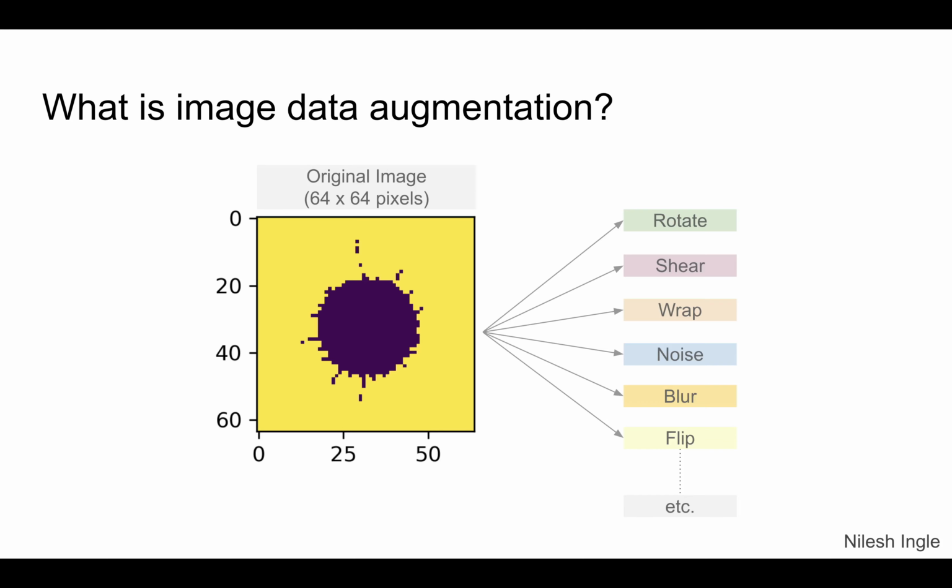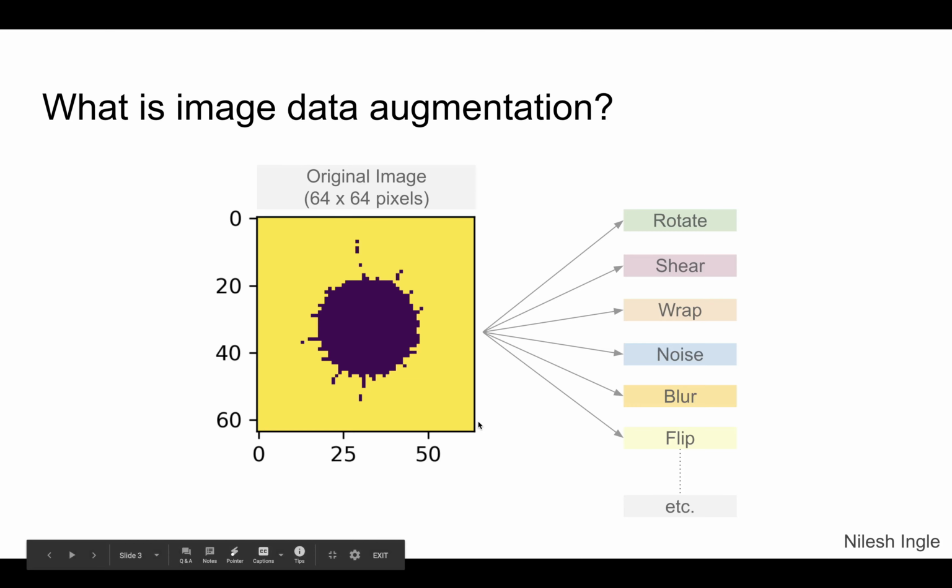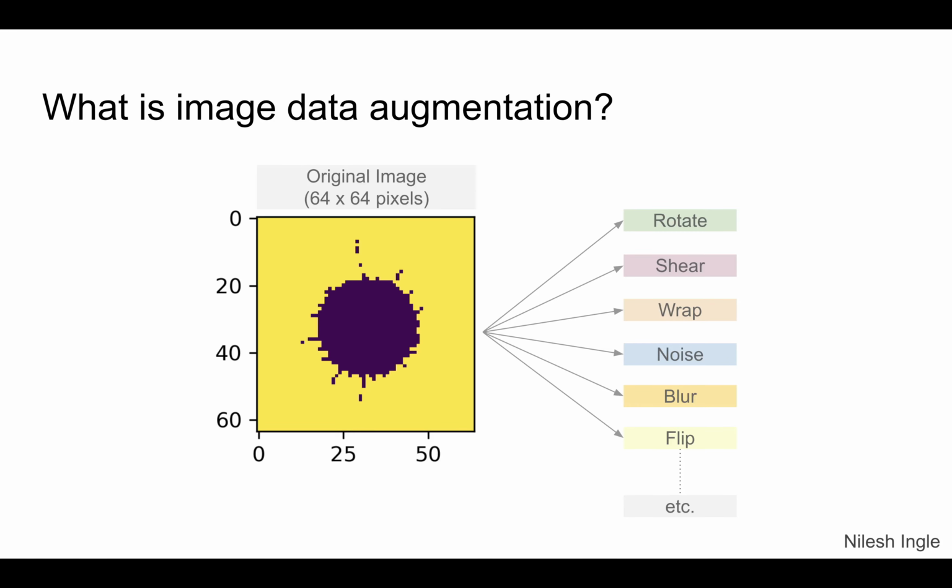To create, let's say, 1,000 images, one method is image augmentation. With image augmentation, we take the original image and either rotate it, shear it, blur it, add noise to it, or do various types of transformations.